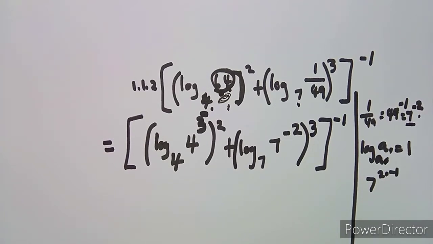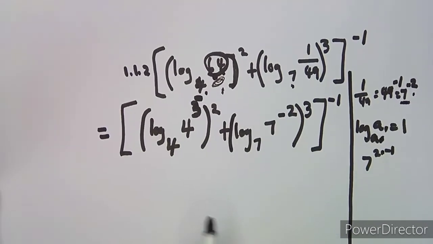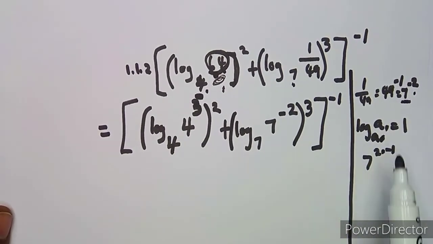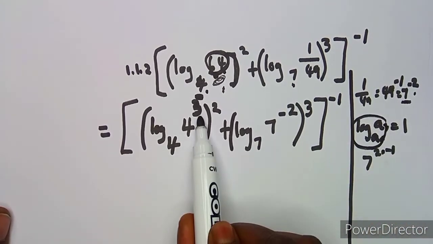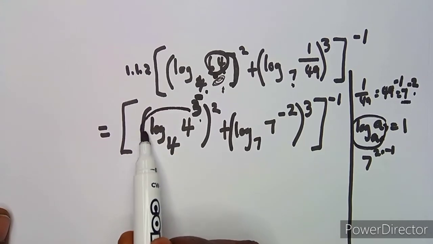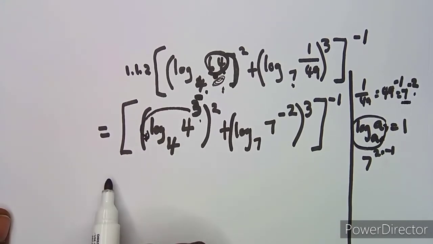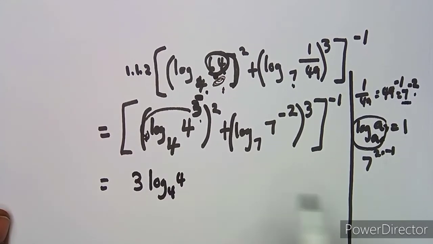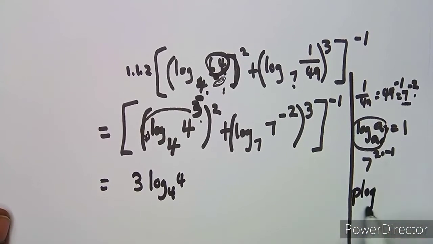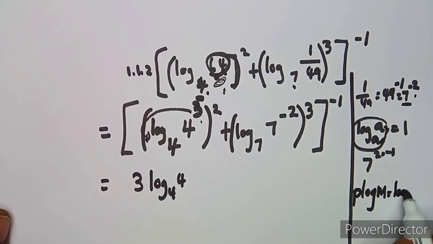Now the stage that we actually need here is almost there, but this time there is an exponent, so you have to remember I told you that you have to drop this exponent so that it will multiply the log. So this will be 3 log 4 base 4, from this law of p log m equal to log m to the exponent of p.